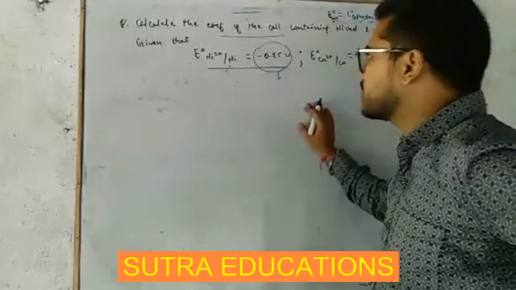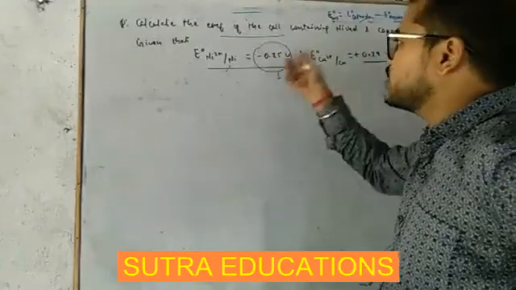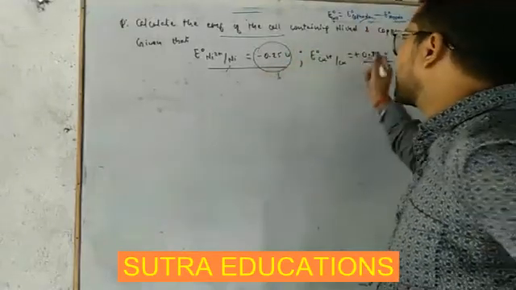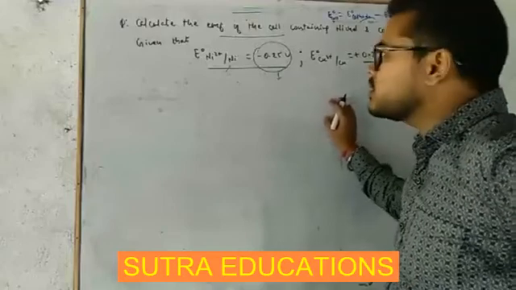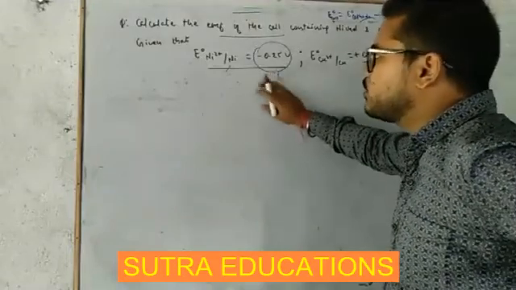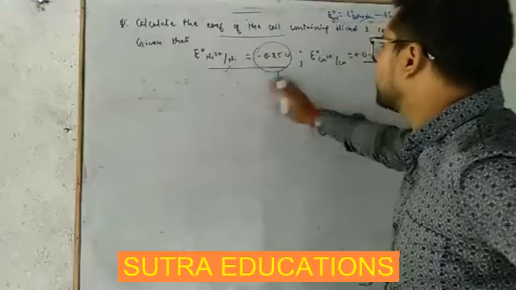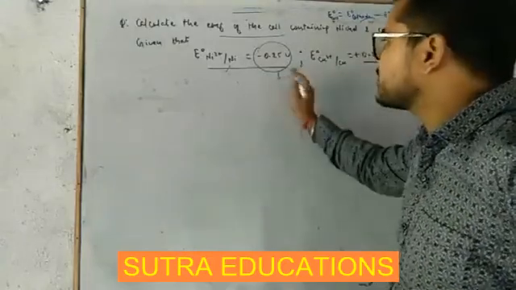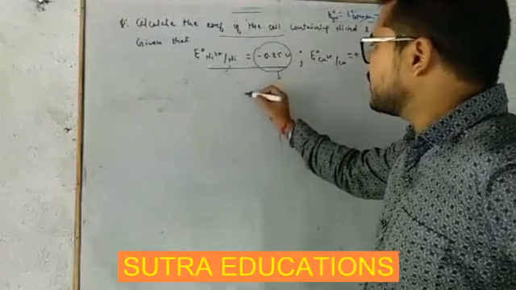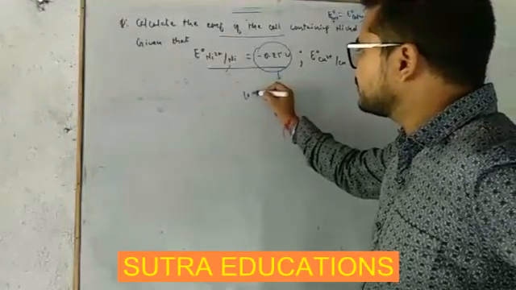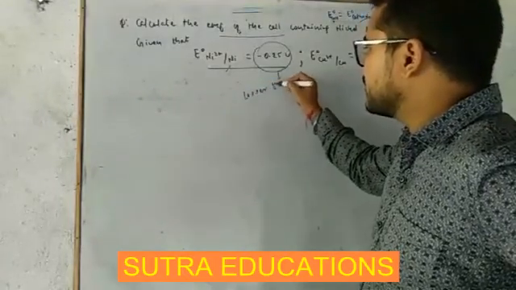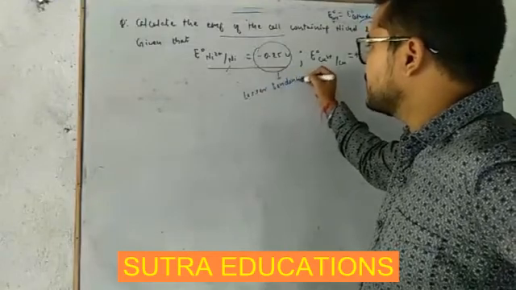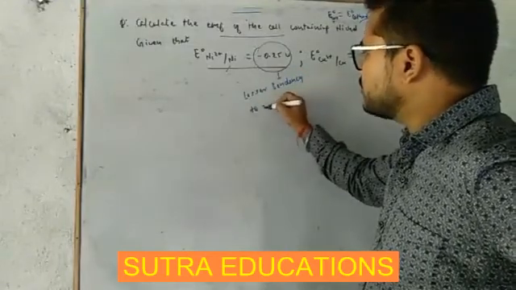Minus 0.25 volt is lesser than plus 0.34 volt. So standard reduction potential value of nickel is less than that of copper. So if this is less, means it has lesser tendency to reduce.